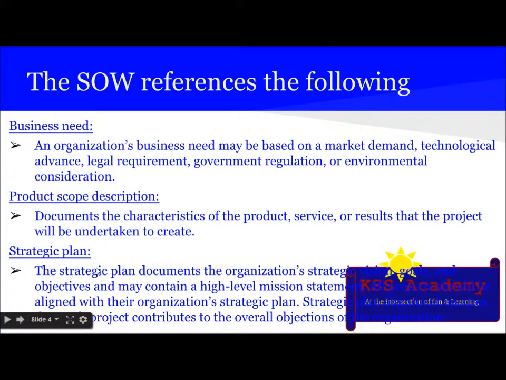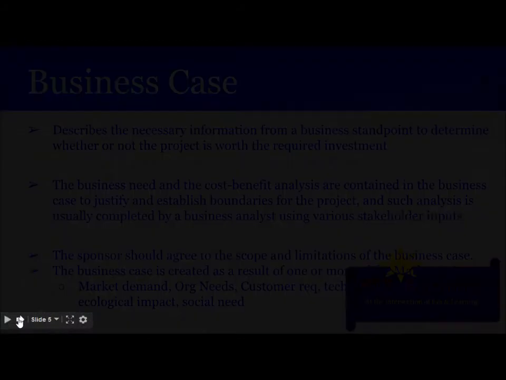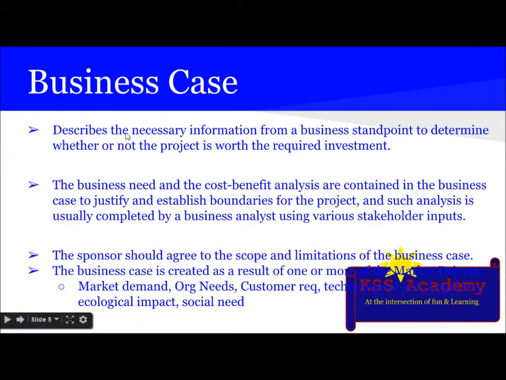So strategic plan is in alignment with the strategic organizational high level mission statement. The strategic plan should always be in alignment with the strategic vision and goal of the organization. So remember BPS.